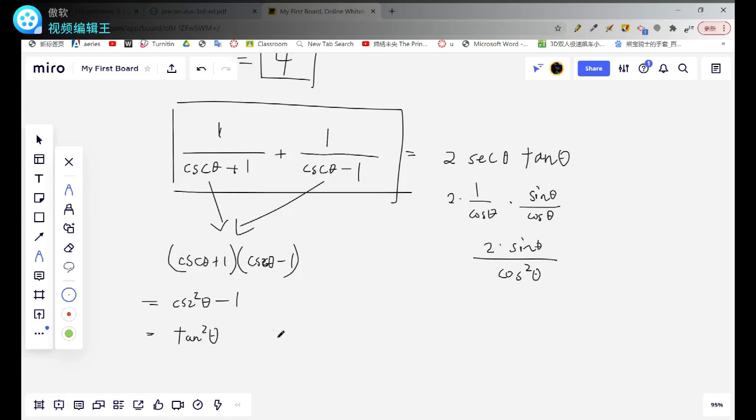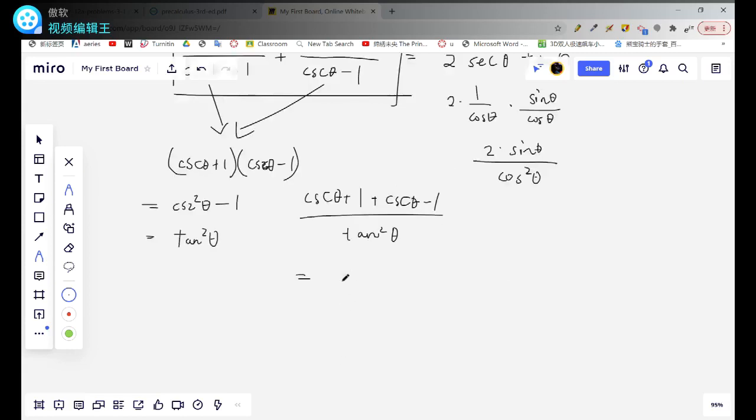So basically, it's cosecant theta plus 1 plus cosecant theta minus 1 over tangent squared theta. It's basically just 2 times cosecant theta over tangent squared theta. Looks like we're getting even closer.